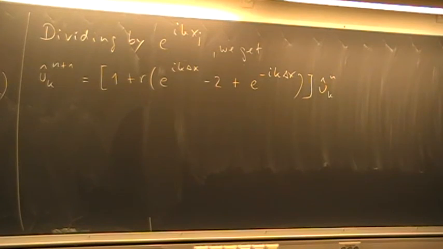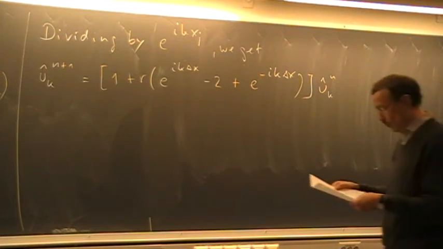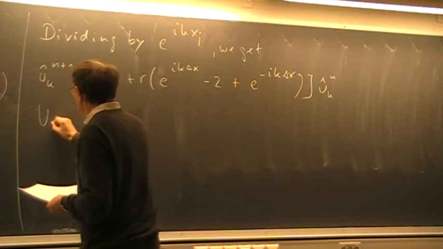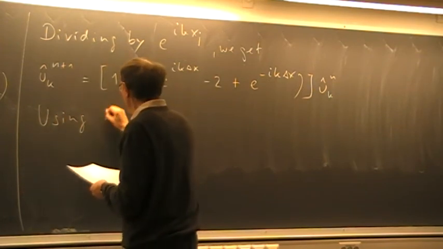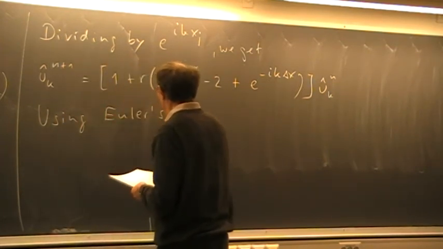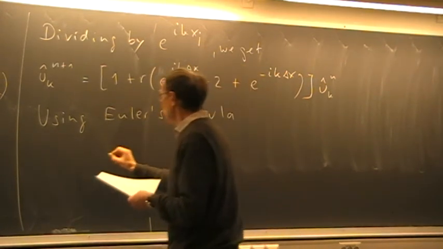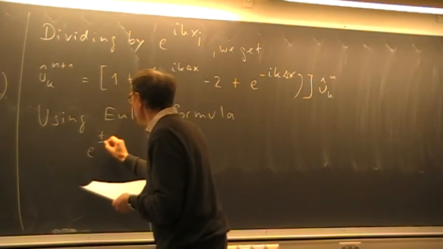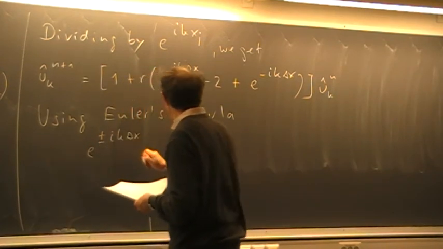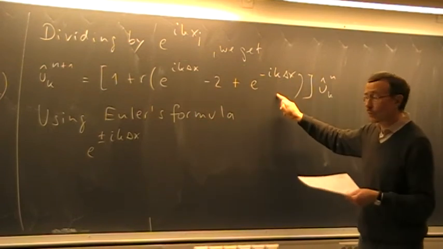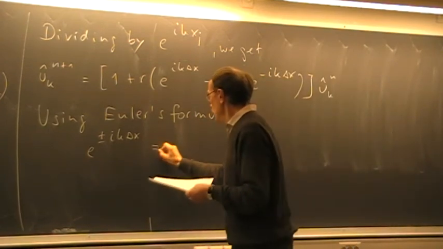And now we have already simplified this quite a lot, but we can continue. Now we need a little knowledge about complex numbers, so we just use, in that case, Euler's formula. And that is, we have e to the plus and minus i k delta x to express these two. What is that?